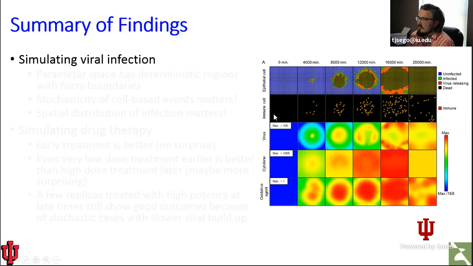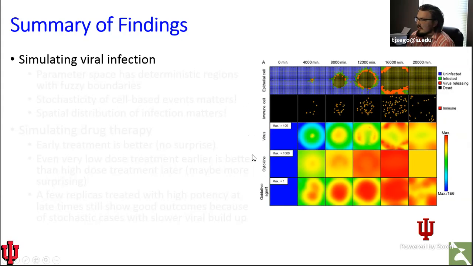We initialize our simulations with no immune cells, and due to recruitment, as you can see moving from left to right, more and more are added due to cytokine signaling by the infected cells. And those immune cells can move around. They move due to chemotaxis, due to motility, and they also contribute to a lot of the death that we see in the epithelial layer.